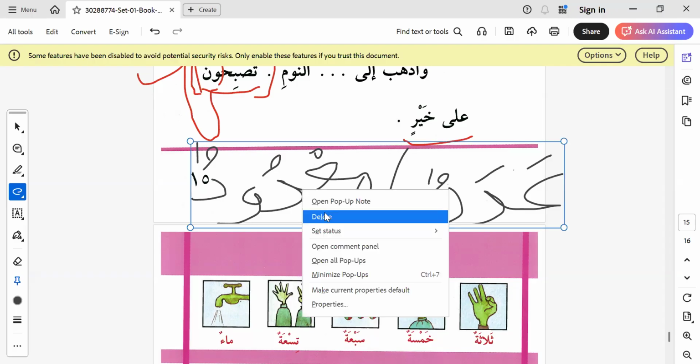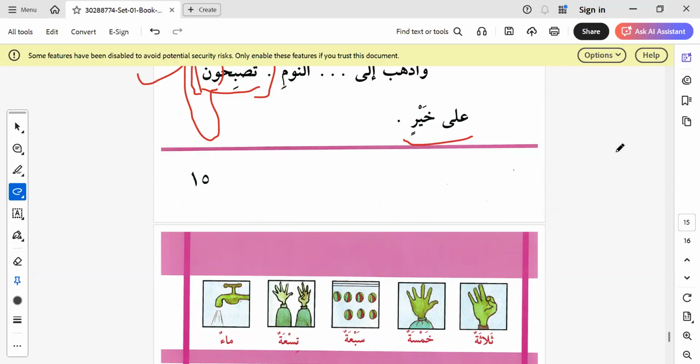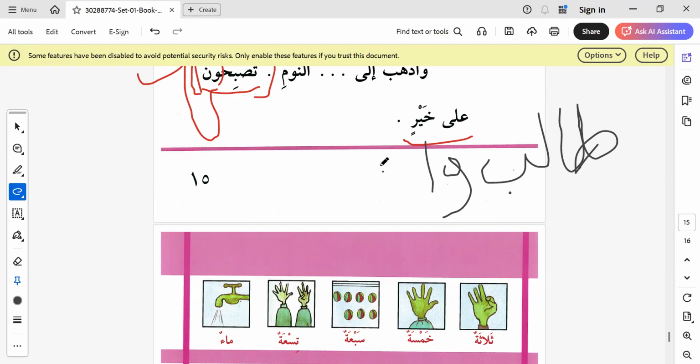Now, let's say 1 student. We want to say 1 student. So we say talibun. Talib is student, right? Talibun wahid. That's 1 student.